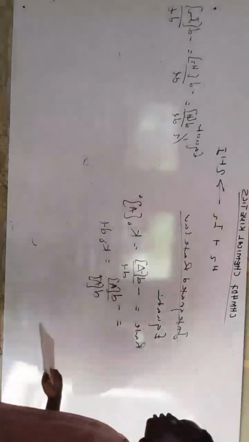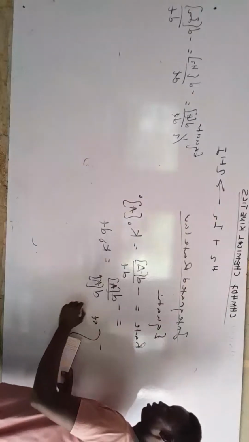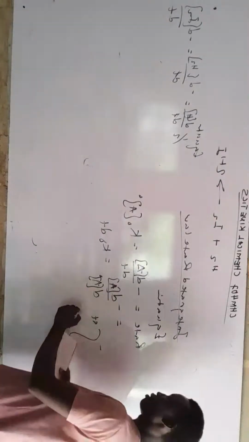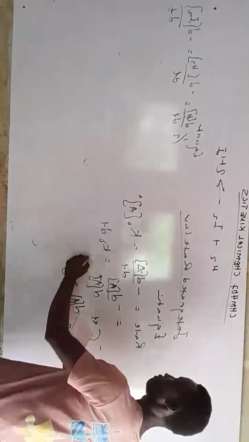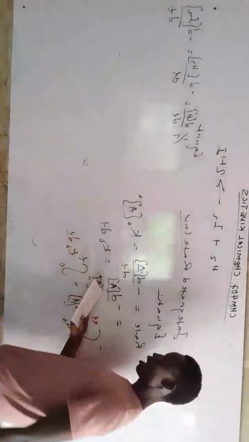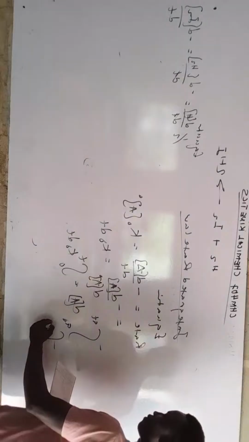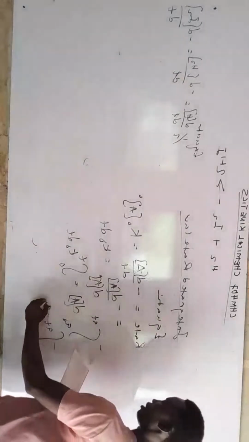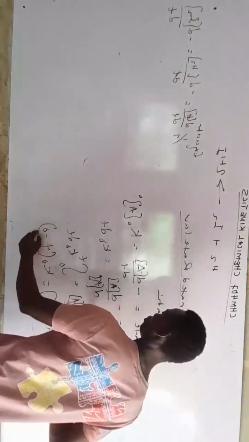So if you integrate, what will happen? We are going to have the integral of d[A] from [A]0 to [A]t equals the integral of k0 dt from 0 to t. And when you proceed, we have [A]t minus [A]0 equals k0 times (t minus 0).